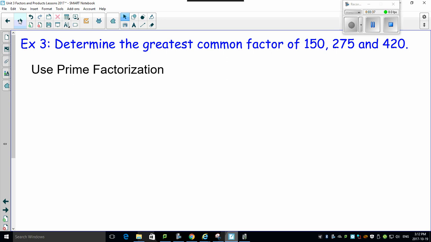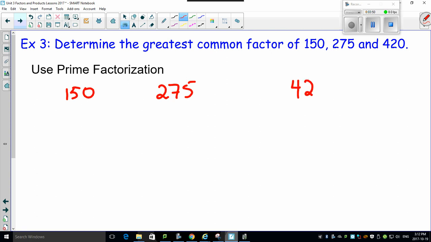What if you have 3 of them? So what? Write them out the same way. Look, there's 150. There's 275. There's 420. Now, the nice thing about this one is it's got a 0 in it. Right away, I know that's 15 times 10. 15 is easy. That's 5 times 3. 10 is easy.